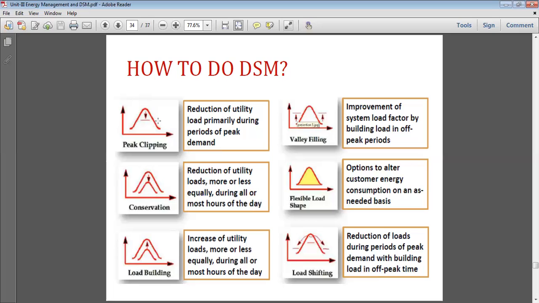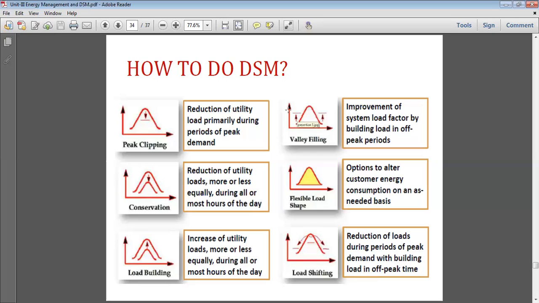If you are able to fill up the valley, the load curve becomes somewhat as flat as possible. There is a small peak, whereas we are filling the load. Filling the load means that your generator or electrical installation is being used very effectively.